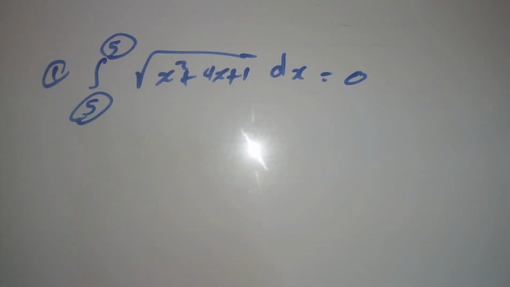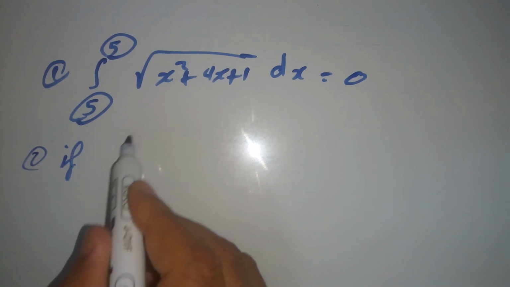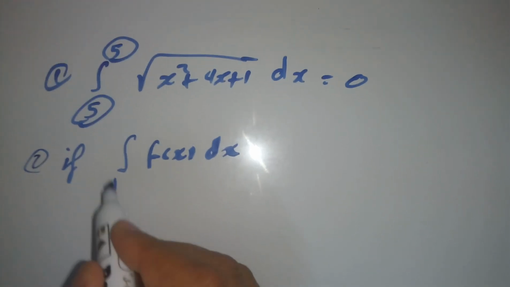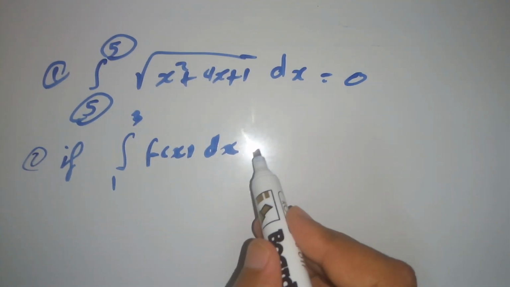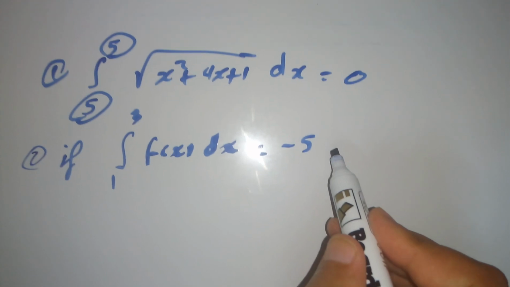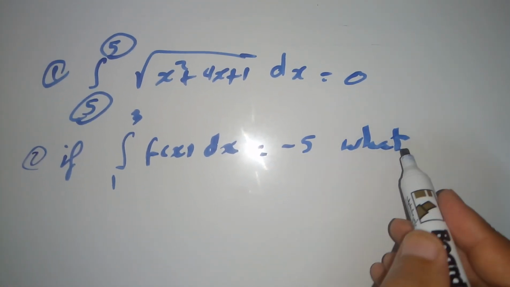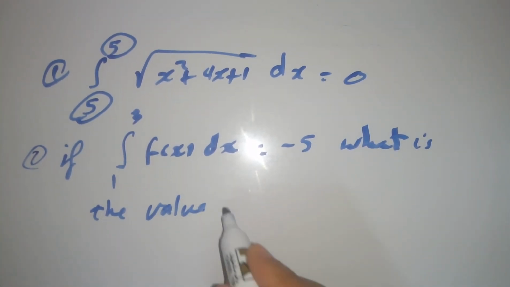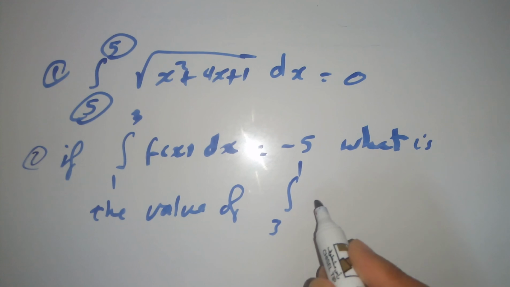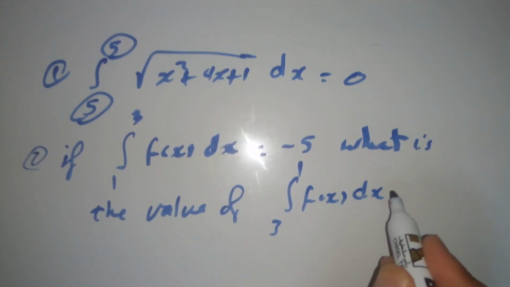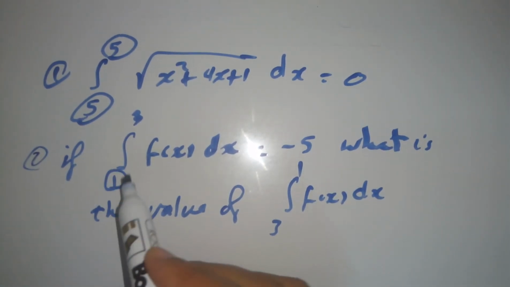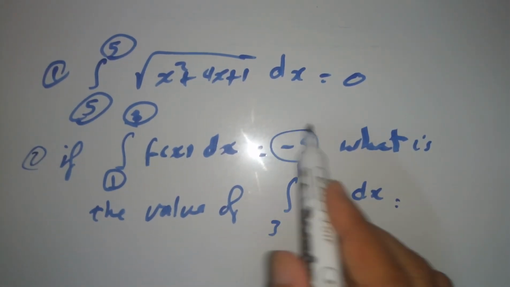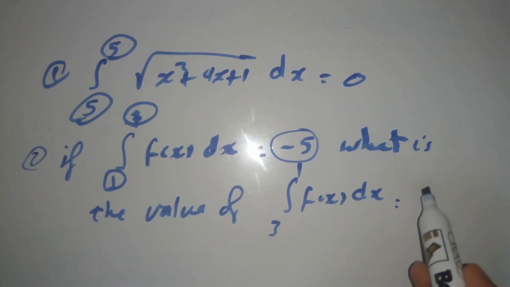Number 2: the integral of f of x dx from 1 to 3 is negative 5. What is the value of the integral from 3 to 1 of f of x with respect to x? Here exchange or flip 1 and 3, then you will get the opposite of this number. It will be 5 only.